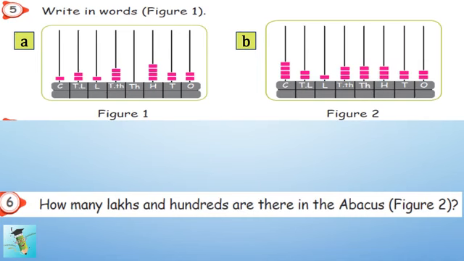Write in words, figure 1. In figure 1 they are asking us to write the number names. For number names, first we have to count the beads. So I just count the beads and fill here. Just watch whether I have done properly or not. So both figures I have completed.